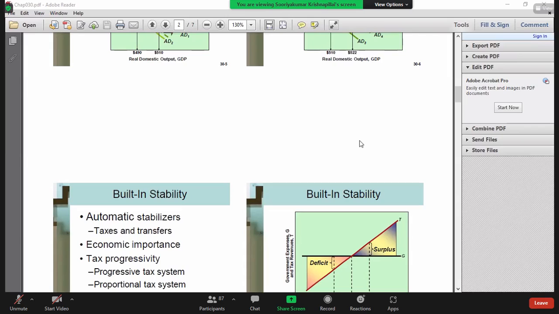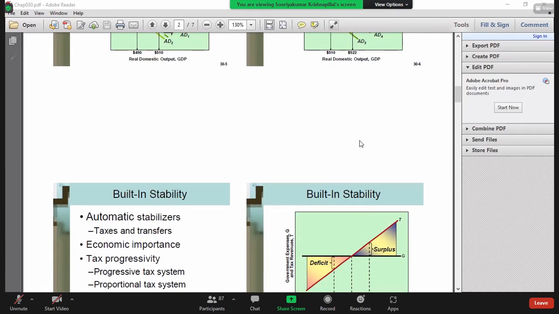Now when the real GDP increases, tax revenue increases, the businesses and the consumers have to pay more, households have to pay more tax. Then they will decrease their spending, and the firms will reduce investment because they are paying more tax when the economy grows. So automatically they will cut down the spending.